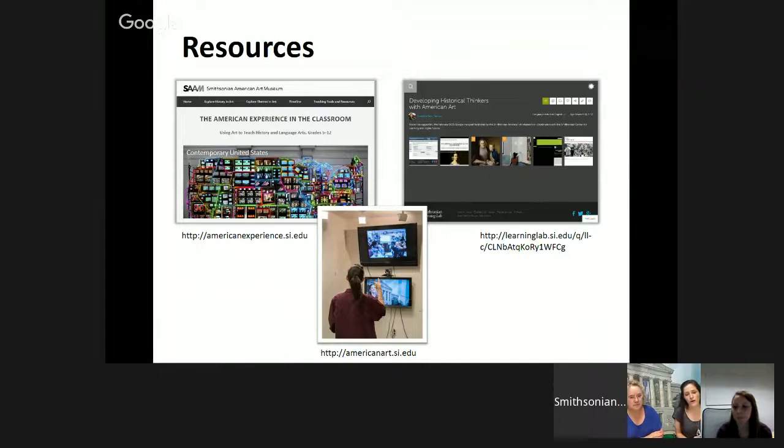So Darren, if you'll click ahead one, please. American Experience in the Classroom is the website that you're exploring now. That's on the top left of this slide. We also wanted to emphasize that we've put all of this material into a Learning Lab unit. I'm sure I'm using the wrong term for describing the block that we made for you all, but it does contain links to our website, to American Experience in the Classroom.